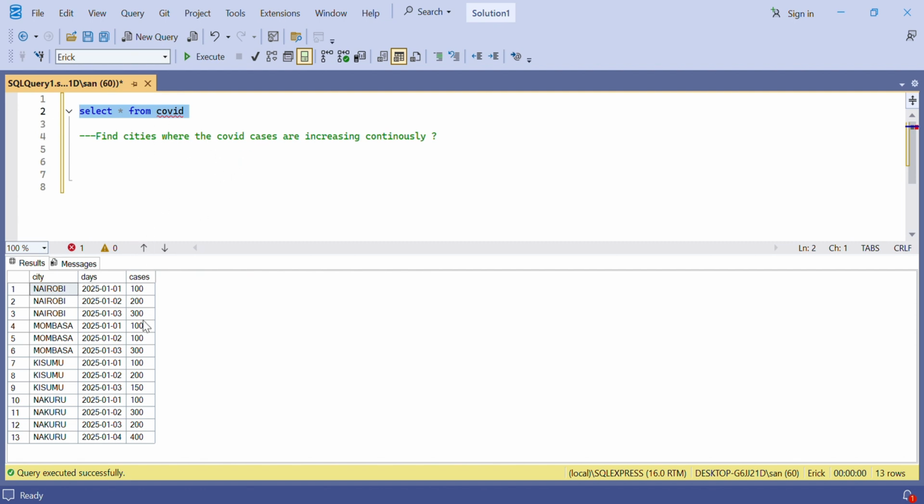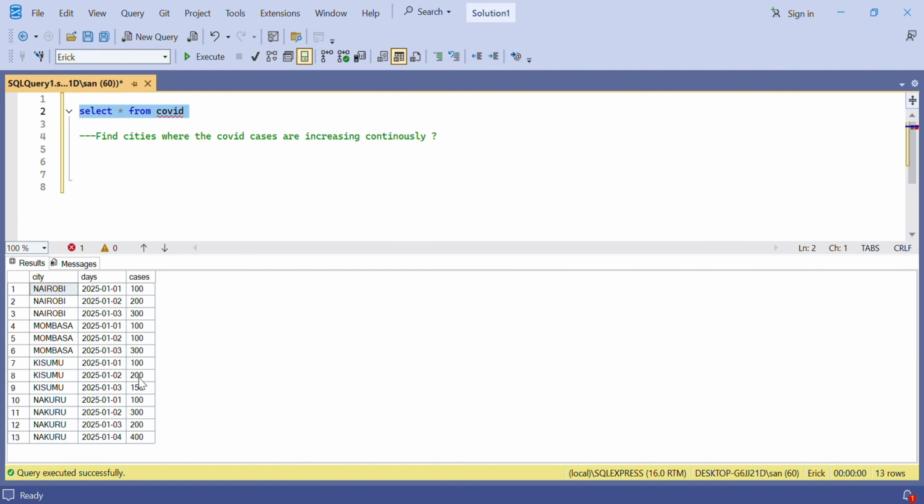Kisumu: day 1 is 100, day 2 is 200, and then day 3 is 150. The cases increase, and then they drop, but our question is to find the cities where cases increase continuously.